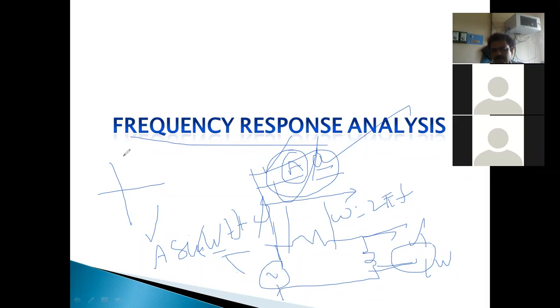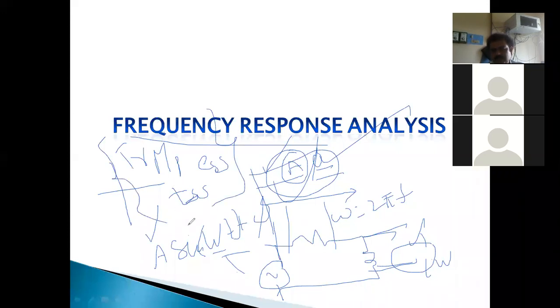In time domain analysis, we have fixed some rise time, peak overshoot, settling time, steady state errors, everything we have learned in time domain analysis. Using these specifications, we have said the system is more stable, less stable, or marginally stable.